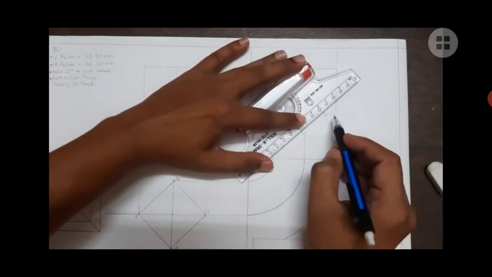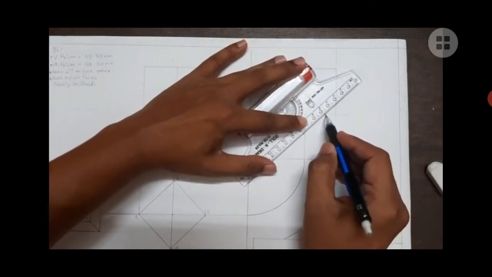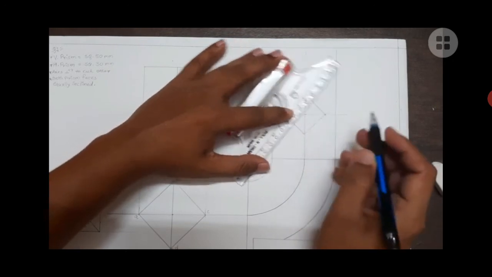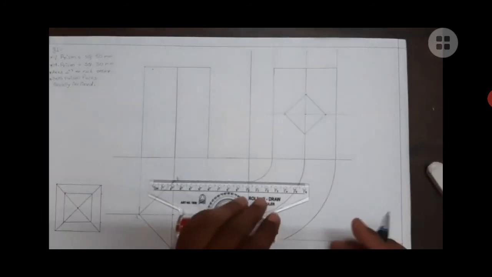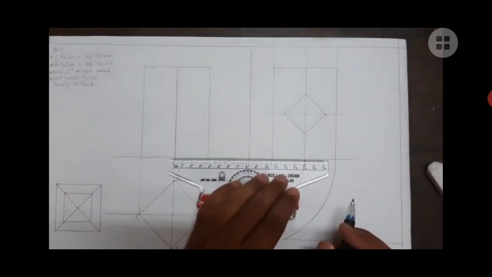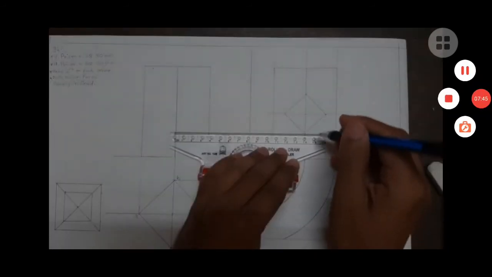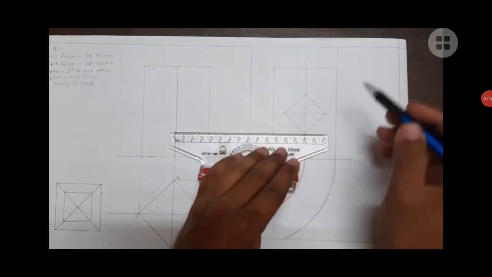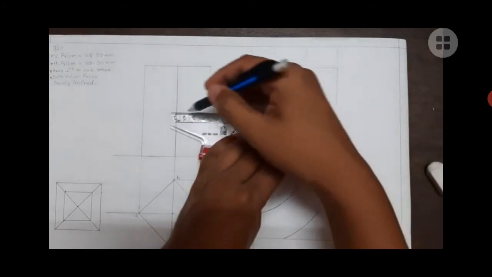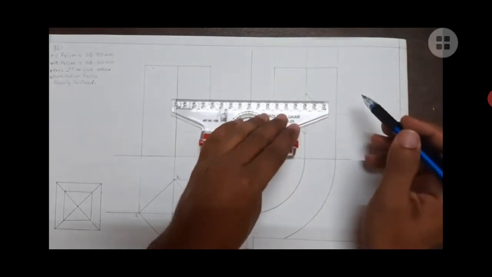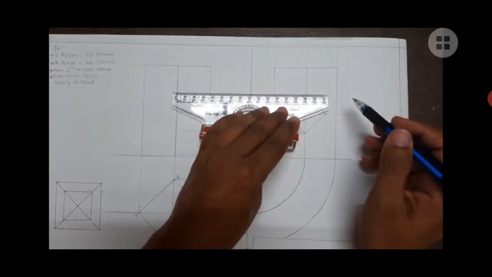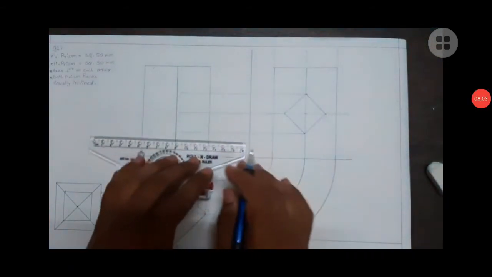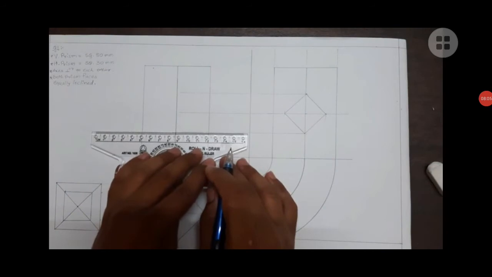Join all. So this is a horizontal square prism which shows the problem. Next, project all points in the front view. Mark these points. So extend all points.